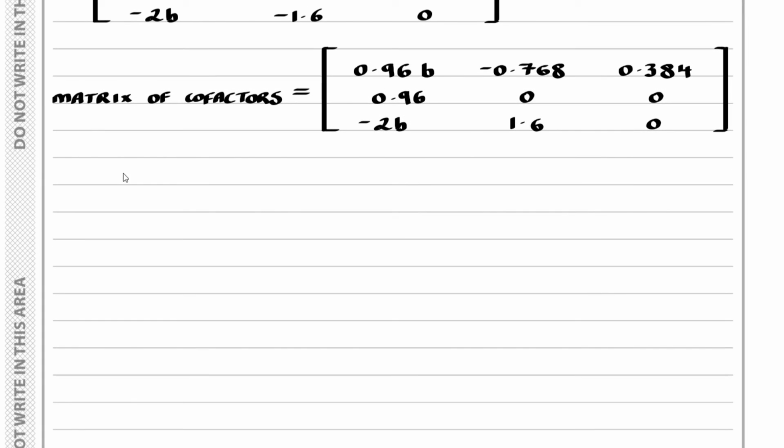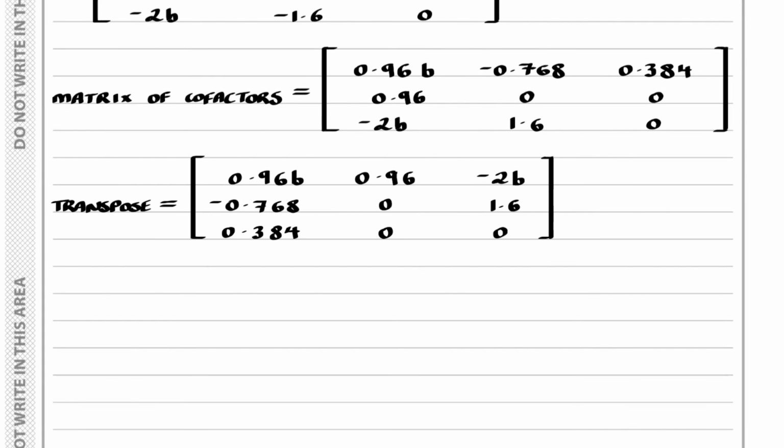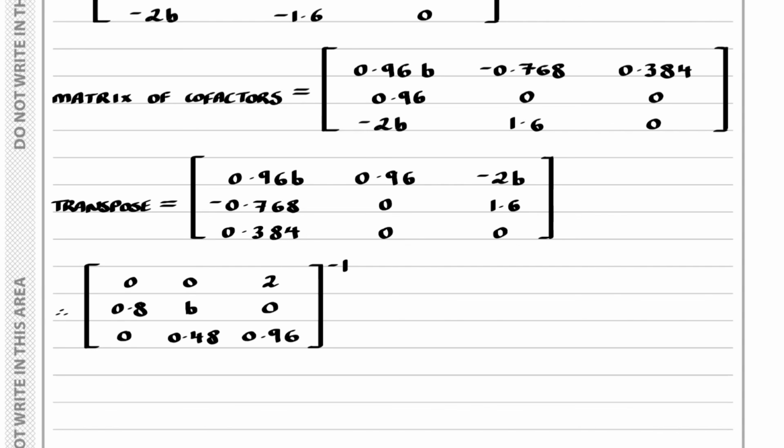Now that I've found the matrix of the cofactors, I can transpose this, and for that we swap the rows and columns, leaving us with 0.96B, 0.96, negative 2B, negative 0.768, 1.6, 0.384, 0, 0, 0. So here is the transpose of the matrix, and we can now find the inverse. The inverse is equal to 1 over the determinant multiplied by our transpose matrix.